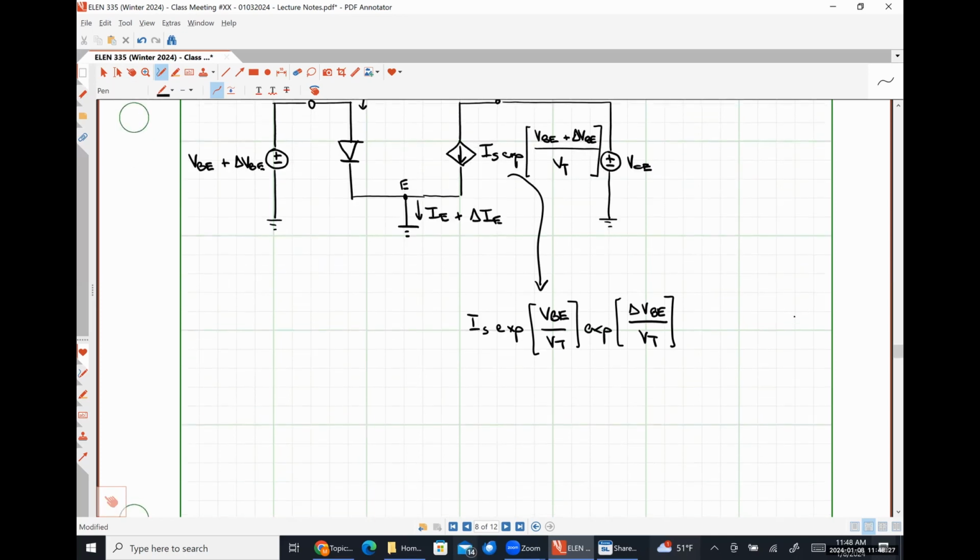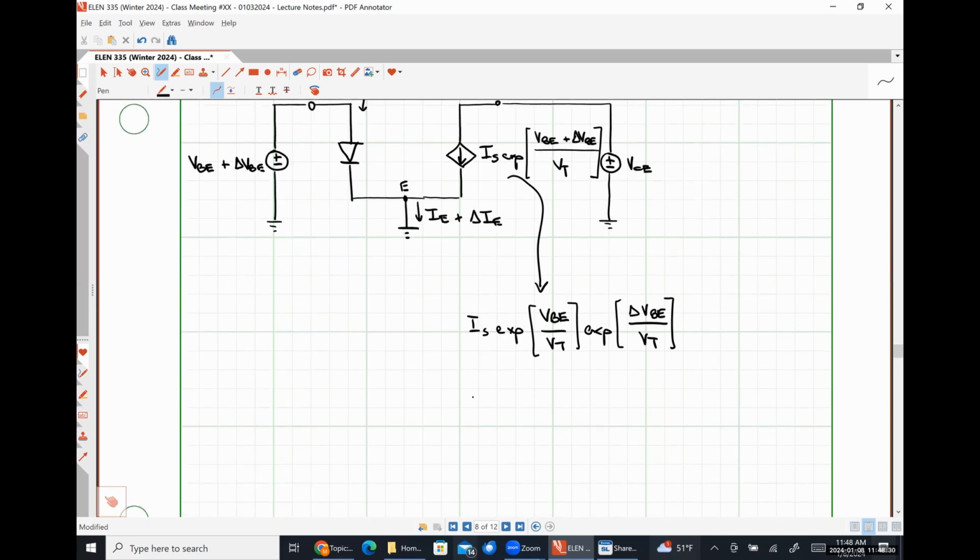All right. Well, IS EXP of delta VBE over VT is just delta IC, right? The change in our collector current.